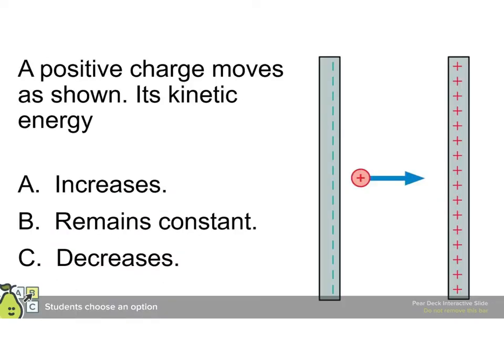A positive charge moves as shown. Its kinetic energy increases, remains constant, or decreases as it does that. And of course, it will be decreasing. And you can think of it a lot of different ways. There is a field which is coming out of the plate pointing that way.